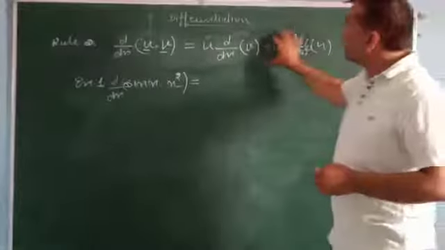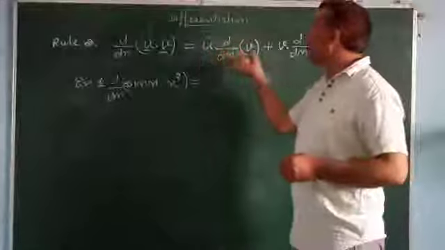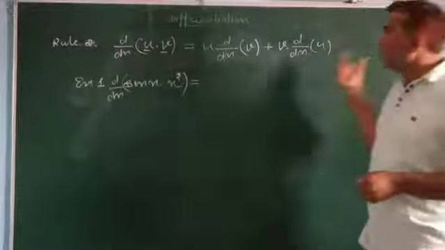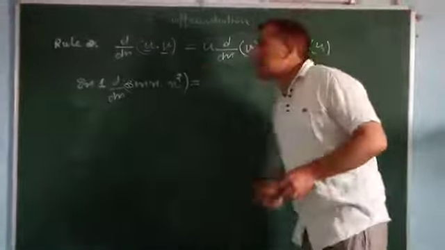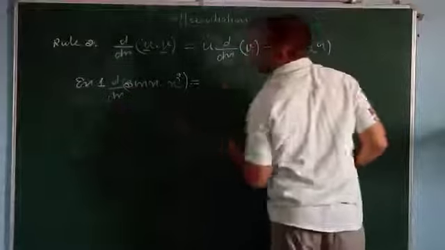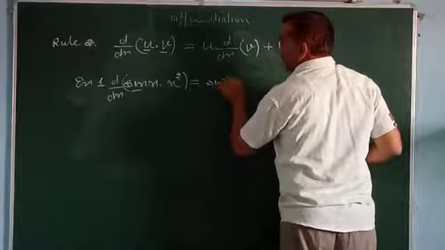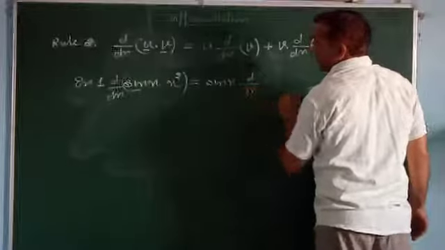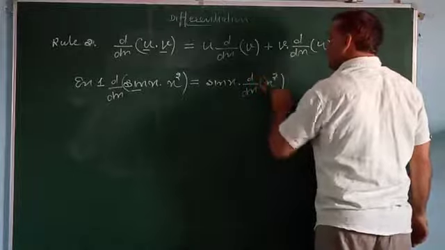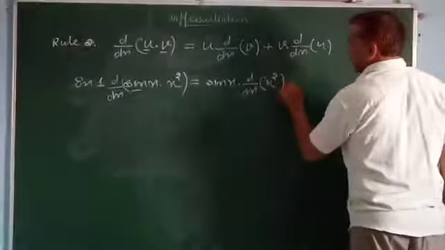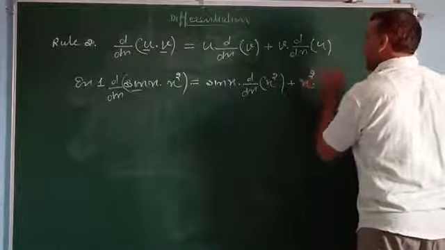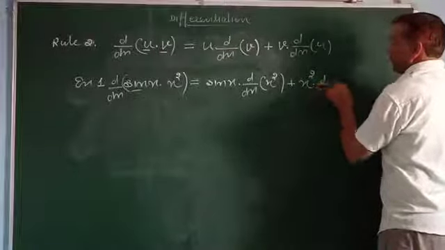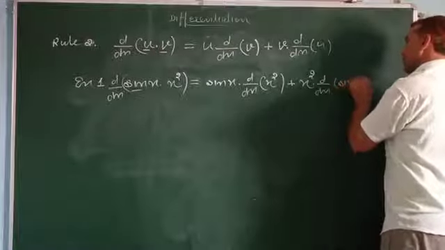We have learnt the product rule, that is the first function as it is into the derivative of the second, plus the second function as it is into the derivative of the first. So we will apply the product rule here. First function as it is, that is sin x, into the derivative of the second function, that is x square, plus the second function as it is, that is x square, into the derivative of the first function, that is sin x.